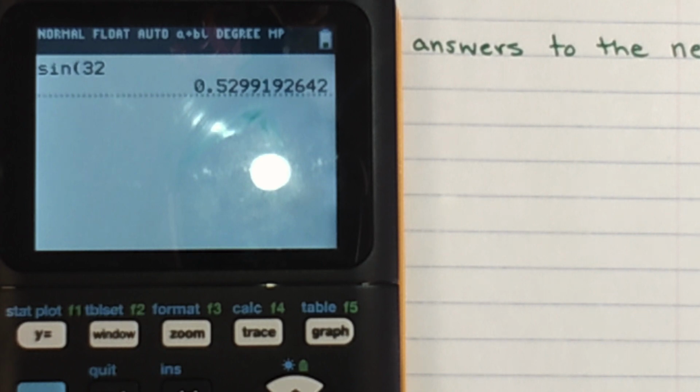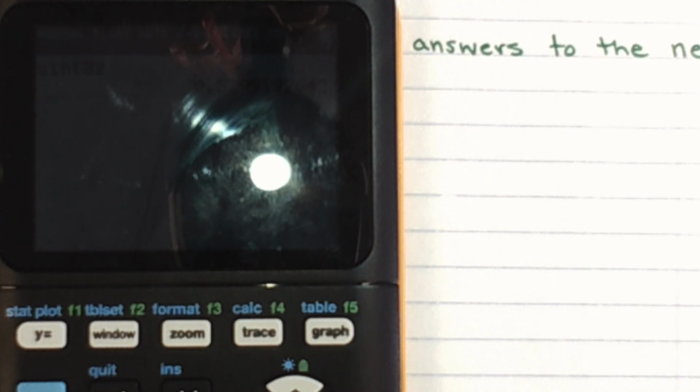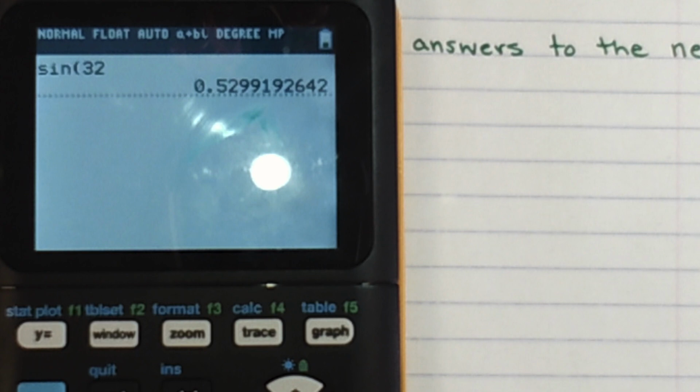It would end up being 0.5300 because a 9 turns into a 10, you carry the 1, and the 1 and the 2 go to a 3.